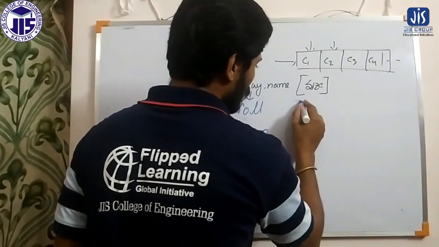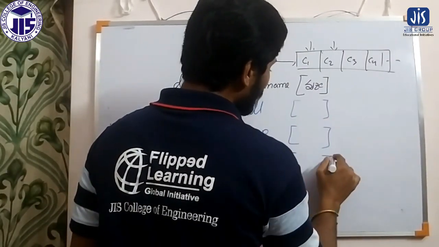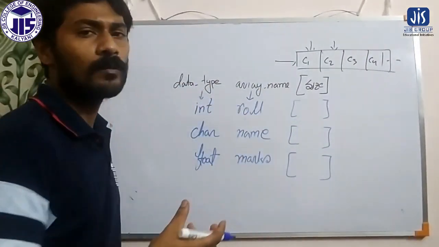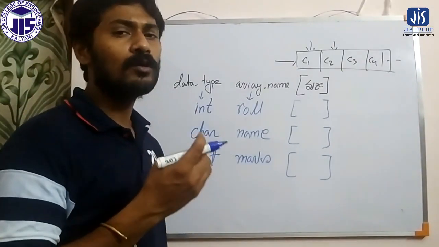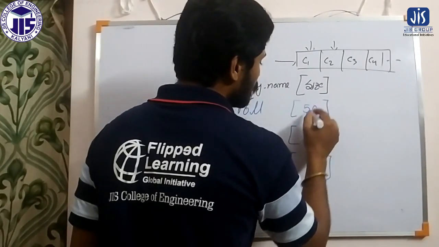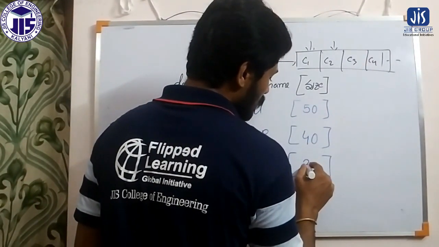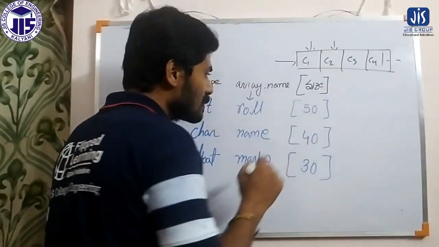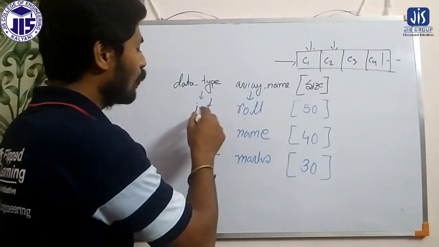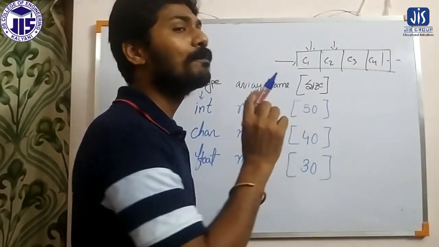Now the size. Size represents what amount of data this array can store. If I write here 50, here 40, and here for example 30, it means that roll is an array of integer type which can store a maximum of 50 data.